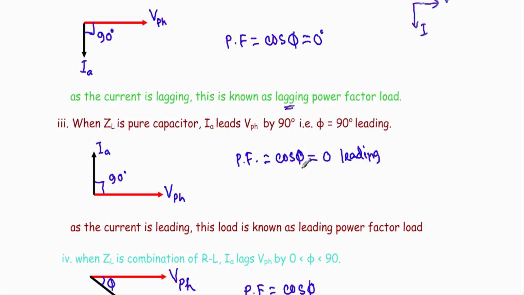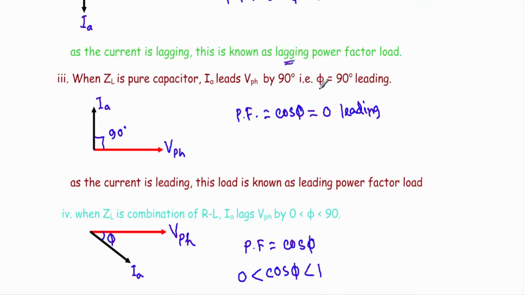If I use a pure capacitor as our load, you know that if voltage goes in this direction, our current will be 90 degree ahead or leading from this voltage in the capacitor. Therefore the voltage VPH will be dropped in the capacitor due to the flow of current.